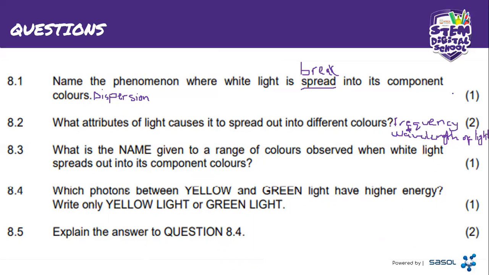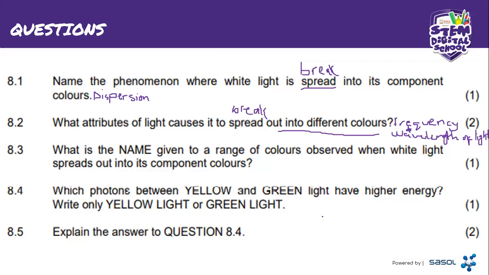So it is the frequency and the wavelength of the light. And because of the different frequencies, because of its frequency and the wavelength, it is able to spread out into different colors. In other words, it is able to be broken, or it can break out into different colors.